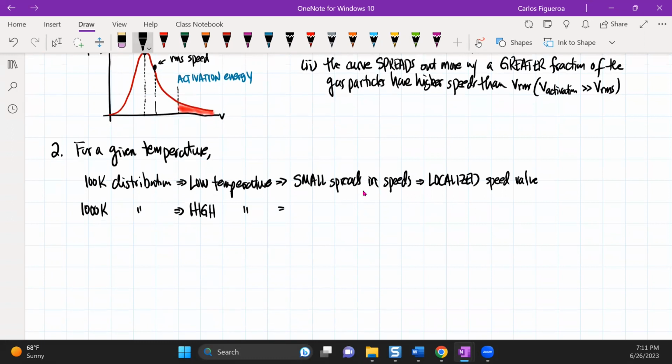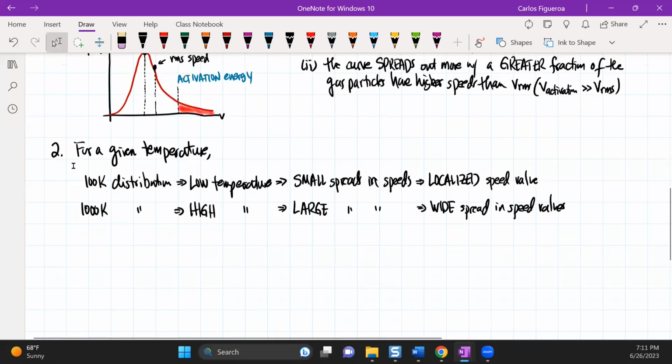And because it's a high temperature, you're going to find that there's a large spread in speeds. So that means we have a wide spread in speed values, and they can be quite significant here.